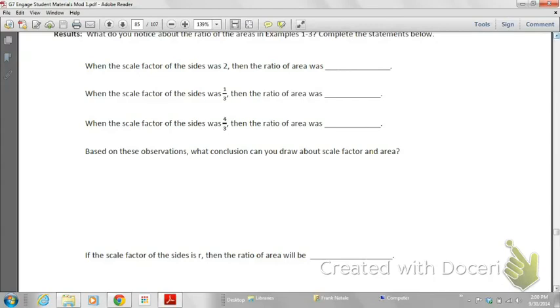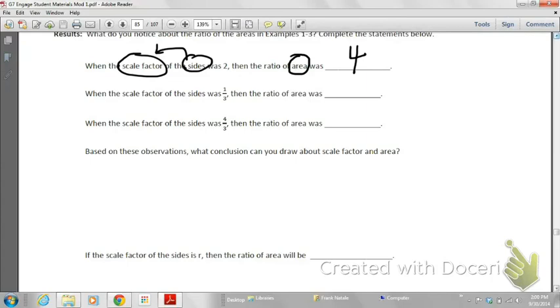When the scale factor of the sides was 2, then the ratio of the area was, and you can go back and look, or it might be right there in front of you, 4, if you remember. Again, look at this, scale factor of sides, 1 dimension, and then the ratio of the area, 2 dimensions. 1D, 2D.